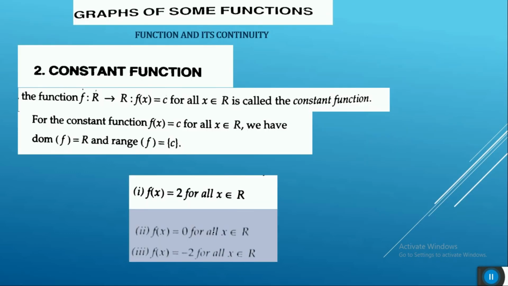The equation of this function will pass from here. This will be the line. For f of x equals minus 2, it will pass through minus 2 here, as a line will pass like this. Clear?